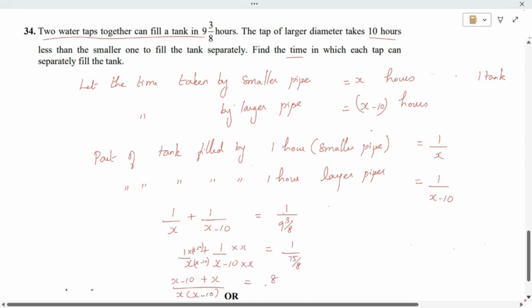And this will be reciprocated, so it becomes 8 by 75. So now x minus 10 plus x will be 2x minus 10 divided by x into x minus 10 is equal to 8 by 75. So I'm just cross multiplying. So it is 75 times 2x minus 10 is equal to 8x times x minus 10.